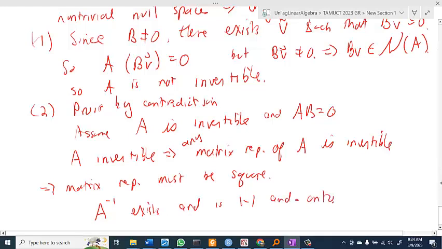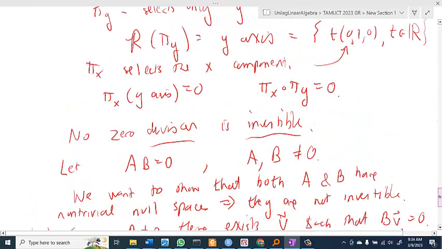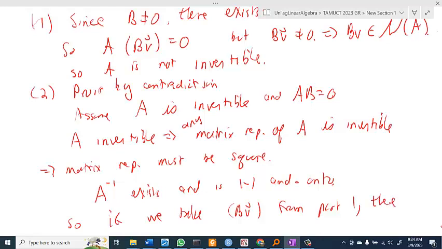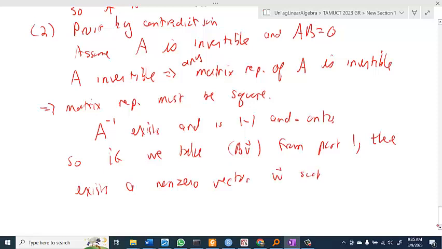That means for any vector V, for instance, if we take the BV that we got from part 1, there exists a non-zero vector, we'll call it W, such that A inverse times W is equal to BV.